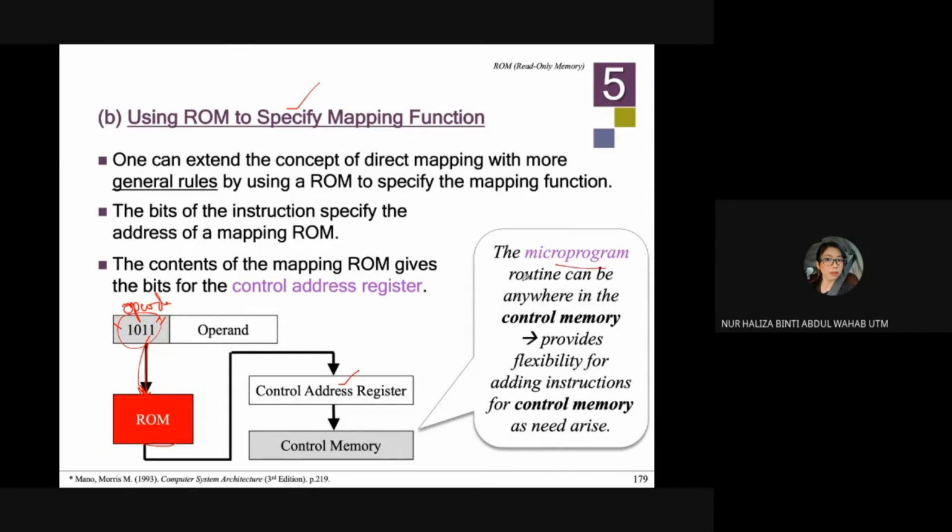The microprogram routine can be anywhere in your control memory, providing flexibility for adding instructions to control memory as needed. So you learn the basic flow for using a ROM: the opcode goes to the ROM, it will decide, and after that it goes to the control address register, and lastly to your control memory.